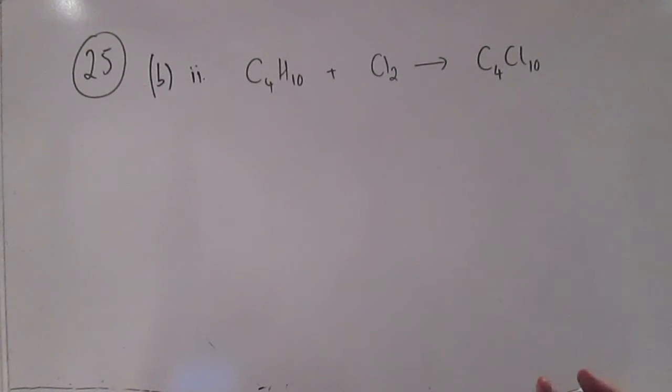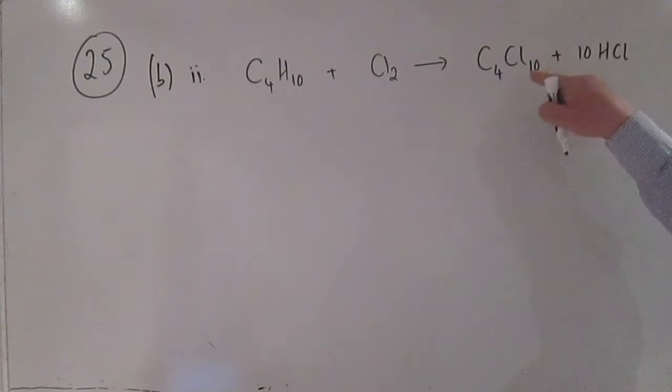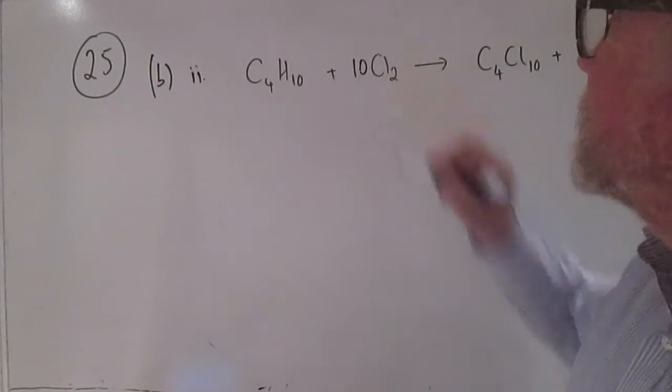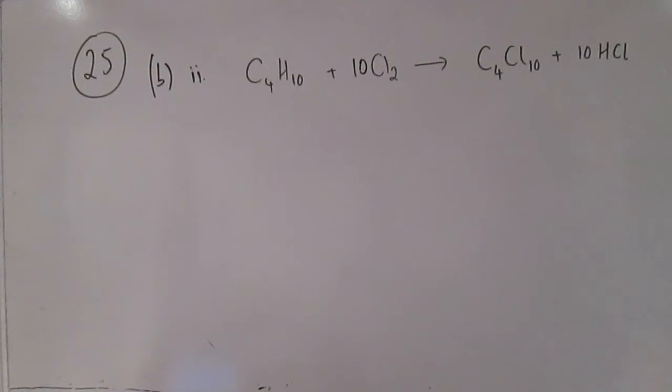And you can't avoid that. Just because you could balance the equation without doing that doesn't mean that's what happens. So you've got to remember the pattern of the reaction, that for every chlorine that substitutes in, you get an HCl as well, and so you therefore get 10 HCl, and you can see that's 20 chlorines altogether on that side. So fairly obviously you need 10 Cl2. So that's the equation that you need.